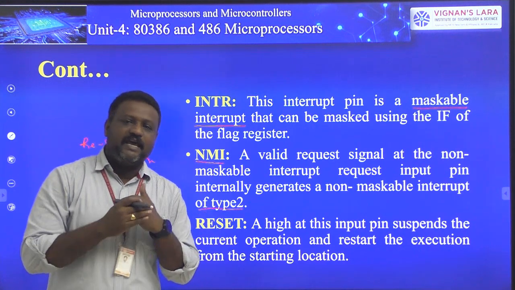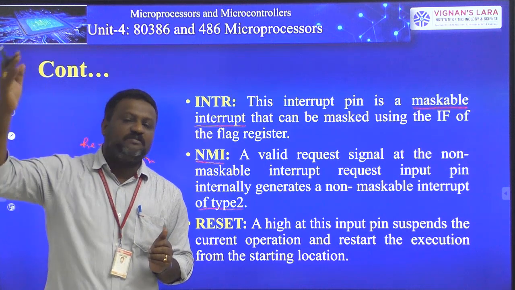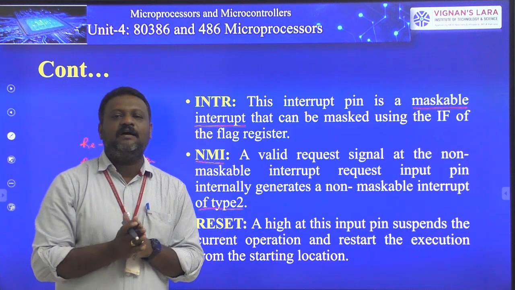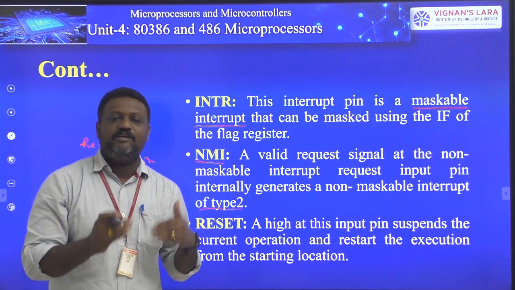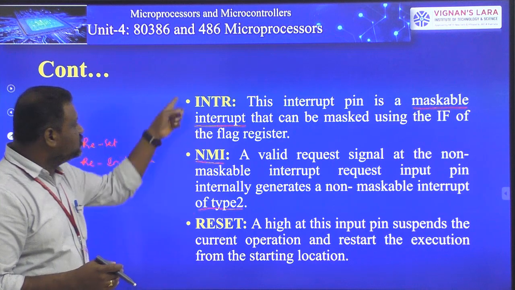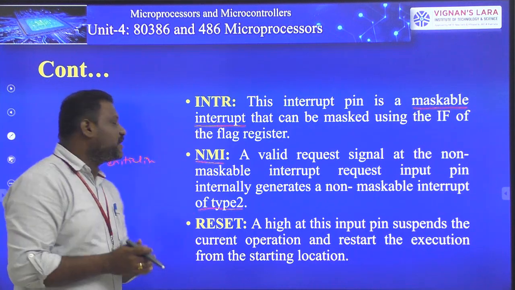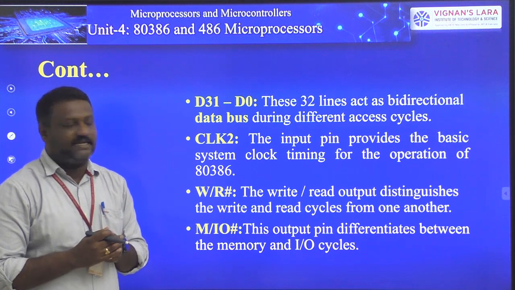In that process, one more time it initializes all internal registers with their initial or beginning values, the buses are operated at tri-state, that is a high impedance state, and your execution starts from the beginning. So these are the three signals we generally consider as interrupt signals of our 80386.